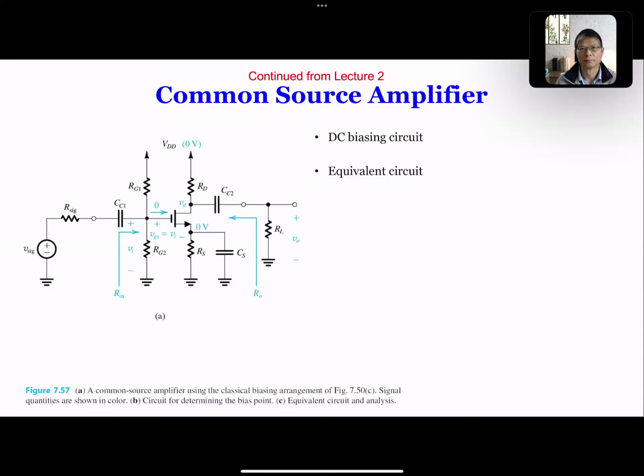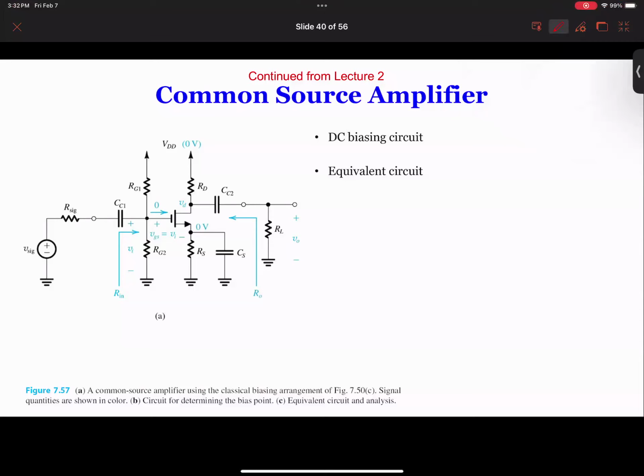Therefore, for DC, it's an open circuit. So when we do the DC biasing of this circuit, we simply disconnect the input, short the source to ground, and disconnect the output because there are capacitors.